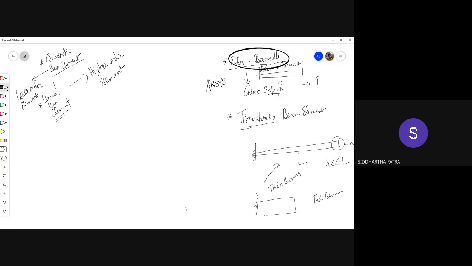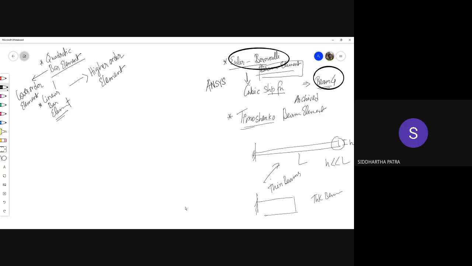ANSYS has this element beam 4. And this element is currently an archived element, which means ANSYS doesn't suggest you to use this element for modeling your beam geometries, or one-dimensional geometries.